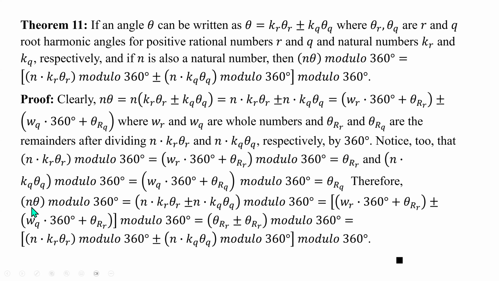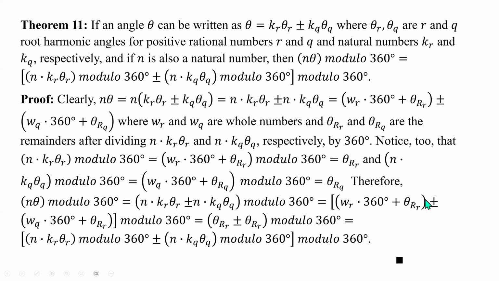Therefore, n times theta modulo 360 degrees, that's what we're starting with up here, is going to be n times this product plus or minus n times the second product, modulo 360 degrees. That will be equal to this expression plus or minus this expression, whole thing modulo 360 degrees.